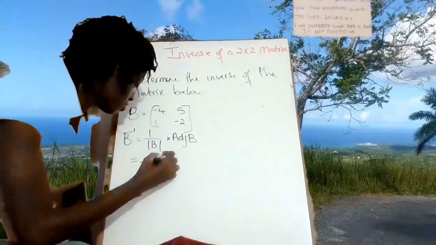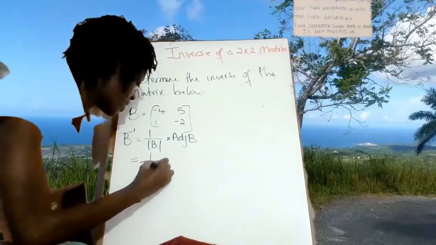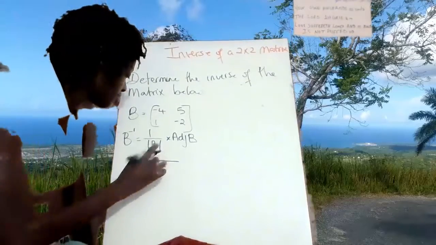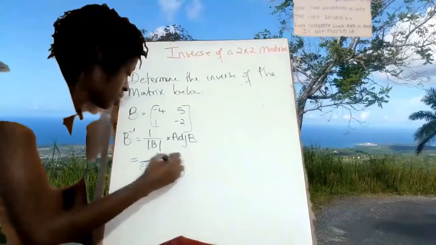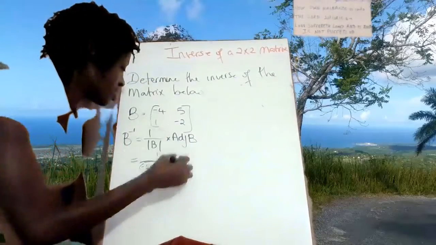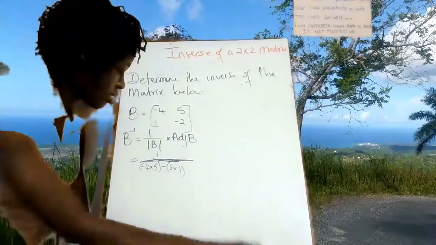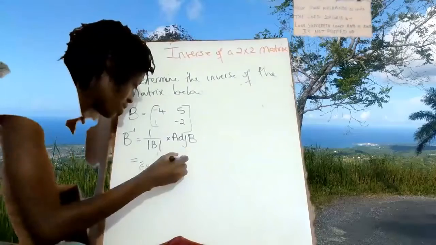So 1 over -4 times 5 minus 5 times 1. So that's AB minus BC. We get a straight line, at least one line, not pieces.